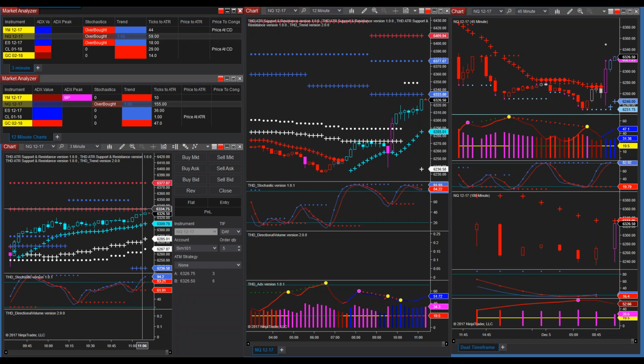You're almost at the ATR here at 63.34. You should be getting a retracement pretty quickly.